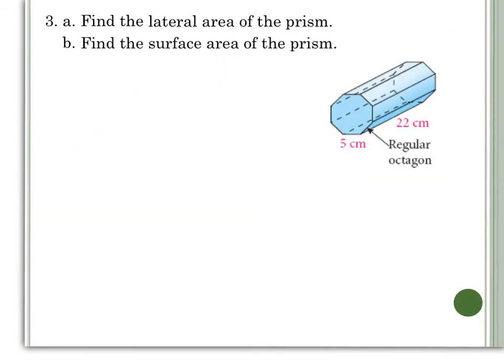In number 3, we want to find the lateral area of the octagonal prism and the surface area of the octagonal prism. So we have octagon bases. Alright, so for part A, our lateral area, so perimeter of the base, so perimeter of our octagon, since it's a regular octagon, there are 8 sides, and they are 5 centimeters each, times the height, which is 22 centimeters.